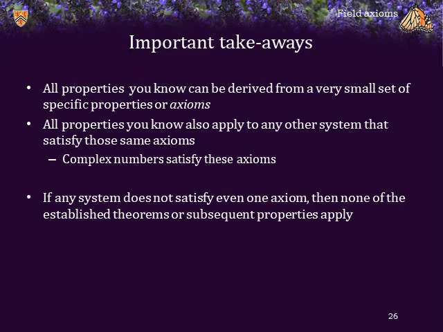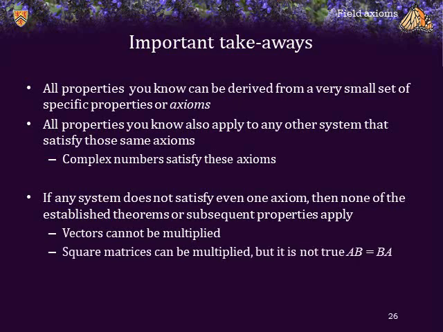If any system does not satisfy even one of these axioms, then none of the established theorems or subsequent properties may necessarily apply. For example, we will see vectors. With vectors, we will see that we cannot multiply two vectors together. Similarly, square matrices can be multiplied, but it is not true that matrix multiplication is commutative.